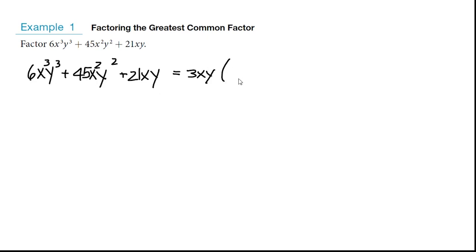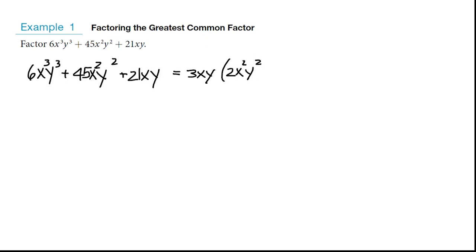And now I've got to determine what is the other expression. So what would I have to multiply 3xy by in order to get 6x cubed y cubed? That would be 2x squared y squared.